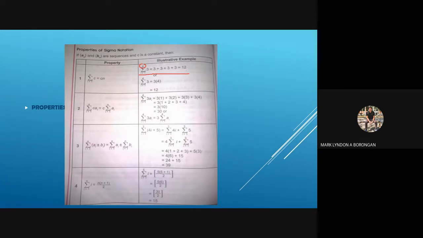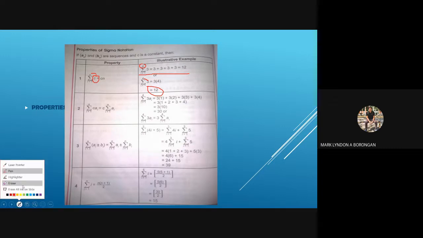Or using the first property, you simply multiply the constant by the upper limit, 4. So 3 times 4 is equal to 12. That is the first property: if you have a constant, multiply it directly by the upper limit.